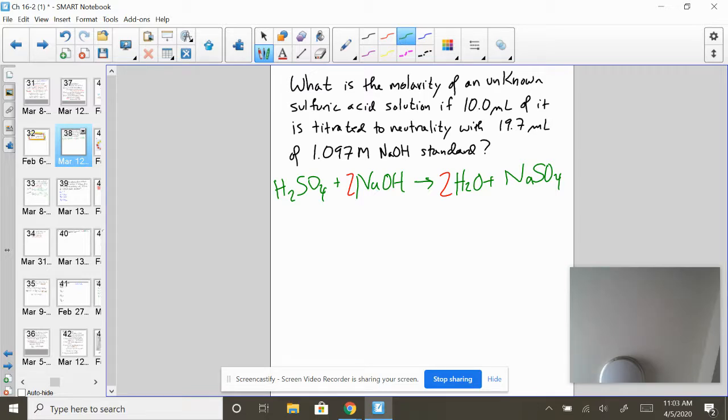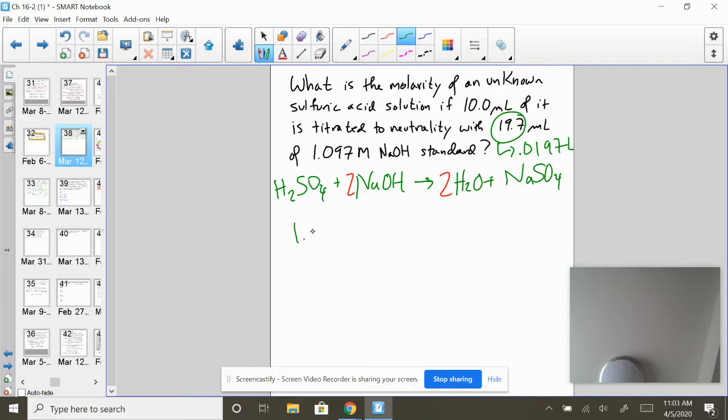So now I'm going to use the volume of this standard known and calculate the moles needed to neutralize the unknown. Okay, so I see that I've got 19.7 milliliters. So there's my volume, and if we're converting to liters, that's 0.0197 liters. My molarity is 1.097.